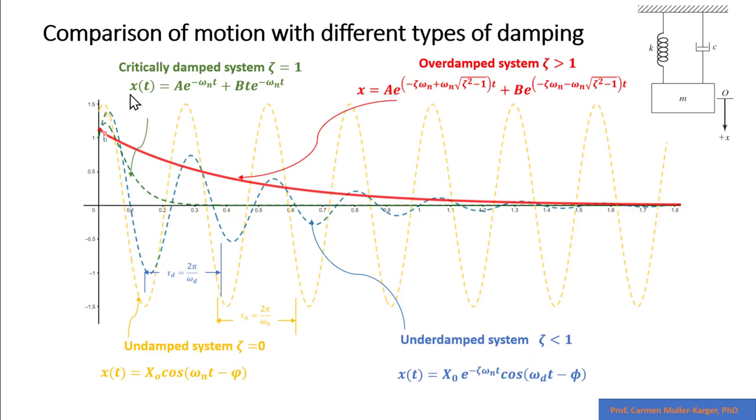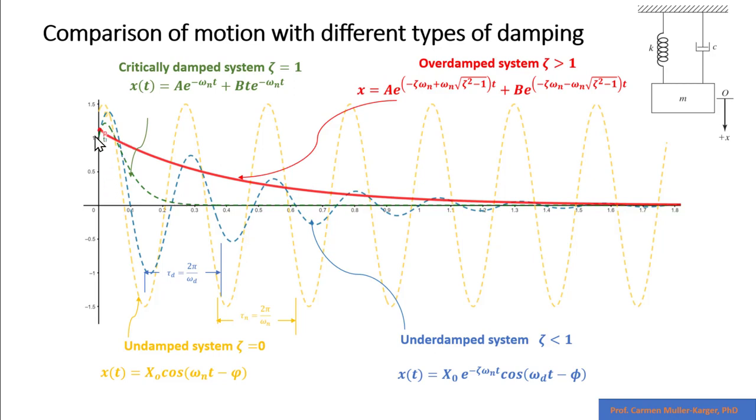Then we have the critically damped system, which is the fastest way to get to the equilibrium position. And finally, we have the overdamped system, whose response is an exponential, but it goes to the equilibrium position much slower than the critically damped system.